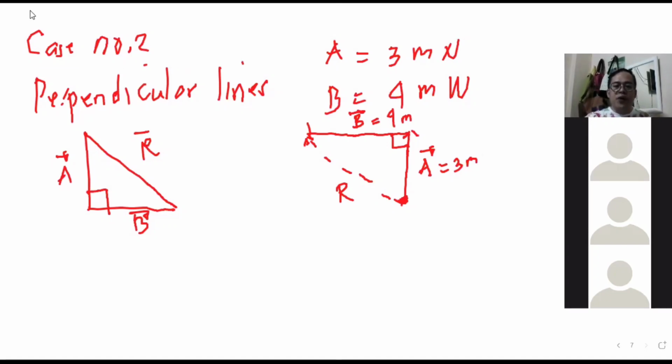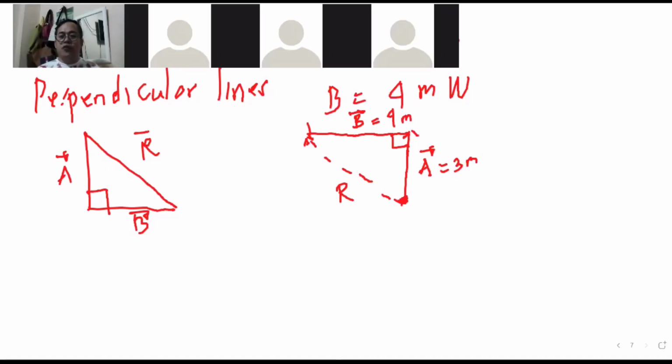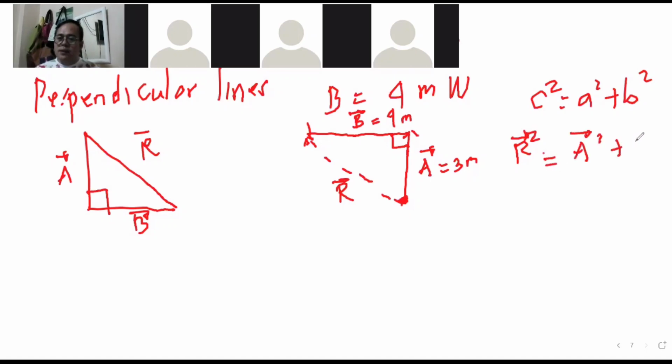Okay, to solve for the resultant vector, of course, you have to remember the Pythagorean theorem. The Pythagorean theorem is c squared equals a squared plus b squared. In this case, your resultant vector is the c. So R squared will be equal to a squared plus b squared.